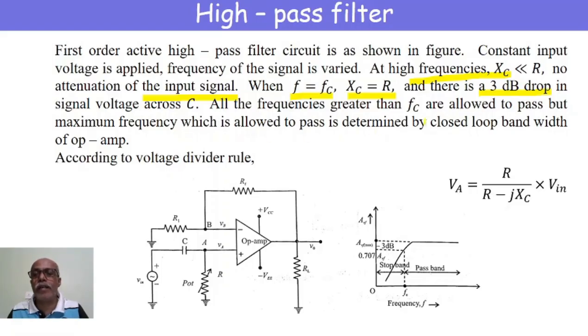All frequencies greater than fc are allowed to pass, but the maximum frequency allowed to pass is determined by the closed loop bandwidth of the op amp.